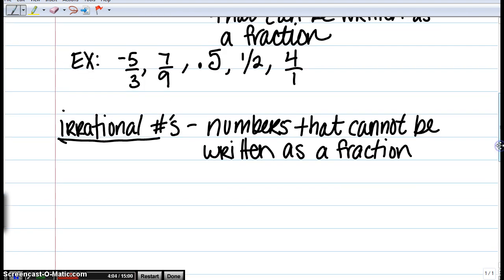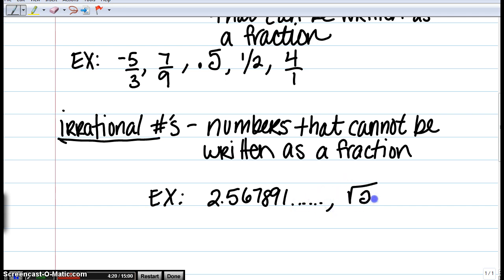Some examples of those would be 2.56789. They're just random decimals that go on forever. Radical 2, because if you plug radical 2 into your calculator, you will get a decimal that goes on forever. And pi would be an example, because pi is really 3.14 and it goes on forever.